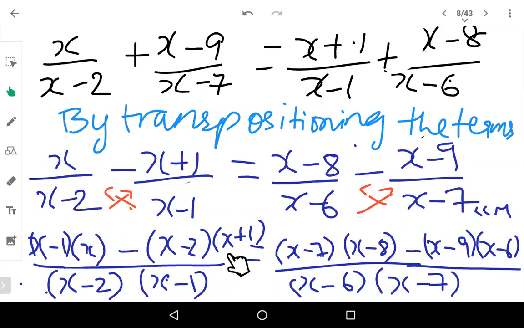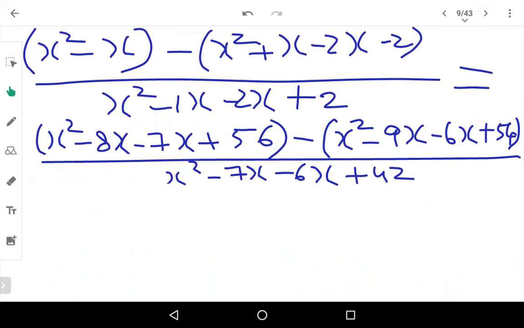Now in the next step, we multiplied all of these expressions and we got certain expression. So what is that? x square minus x minus x square plus x minus 2x minus 2, whole divided by x square minus 1x minus 2x plus 2.